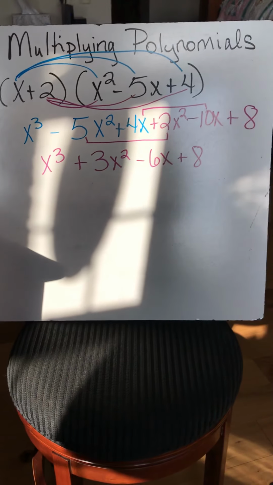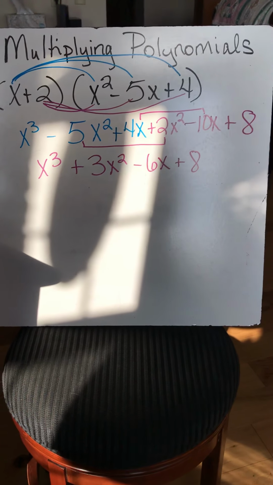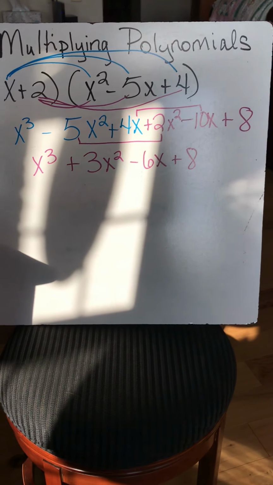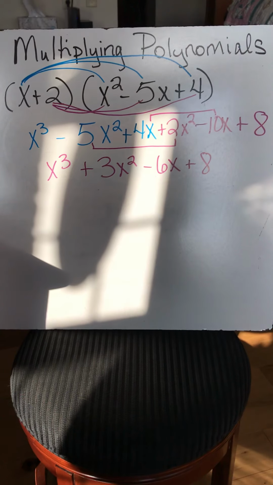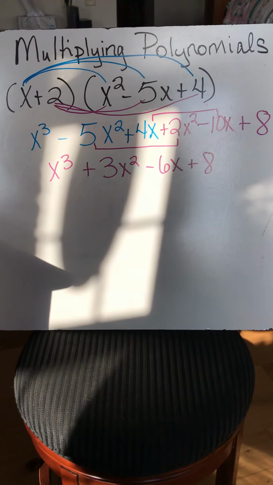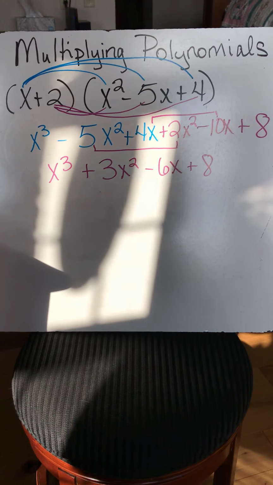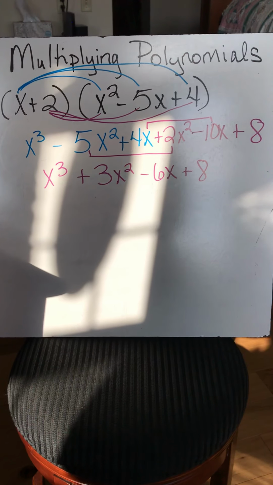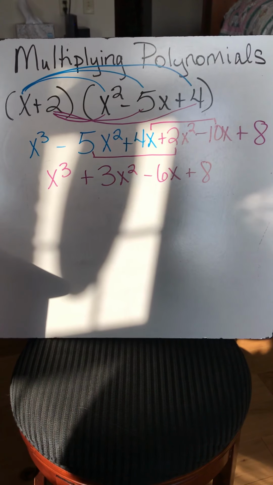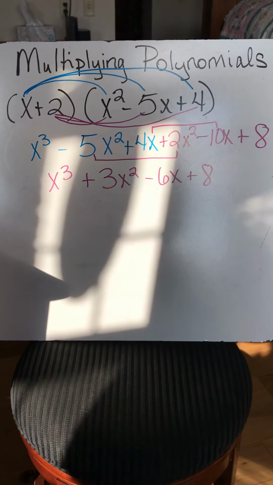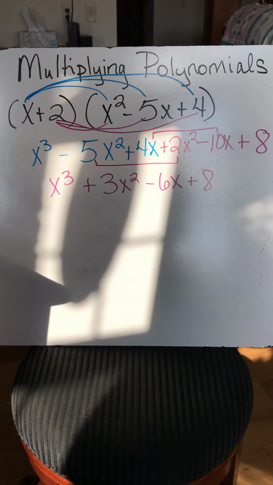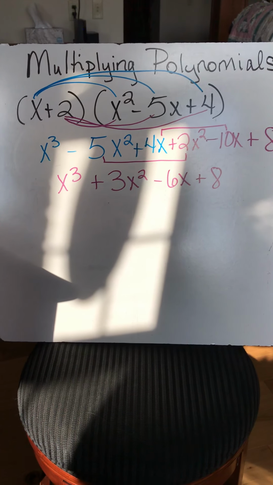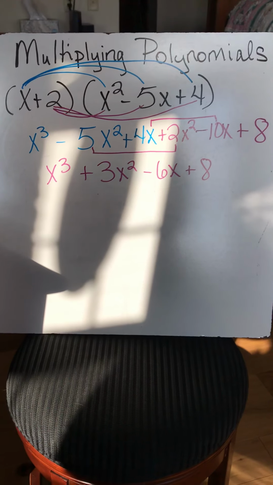That's considered what's called standard form, where I have it in descending order. That's something you'll be able to practice. This is just a review of how to multiply polynomials when you have more than two terms in your parentheses. It's a little different than what we did yesterday.